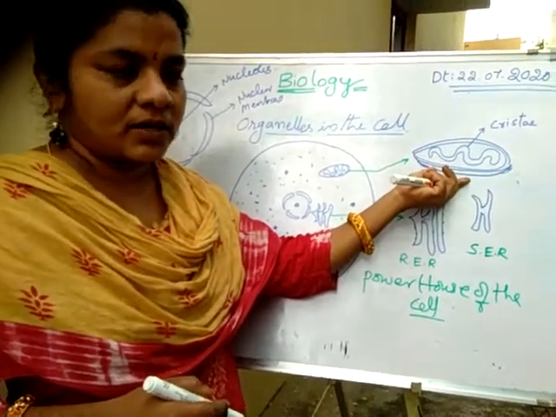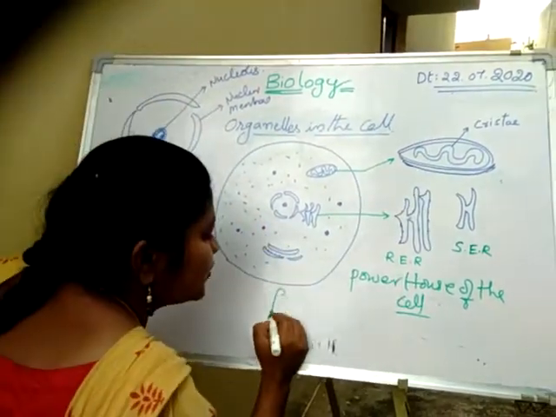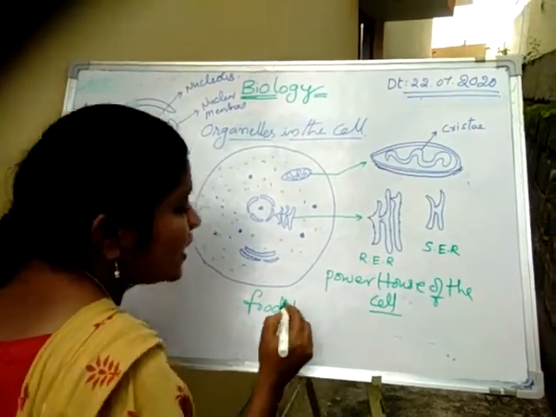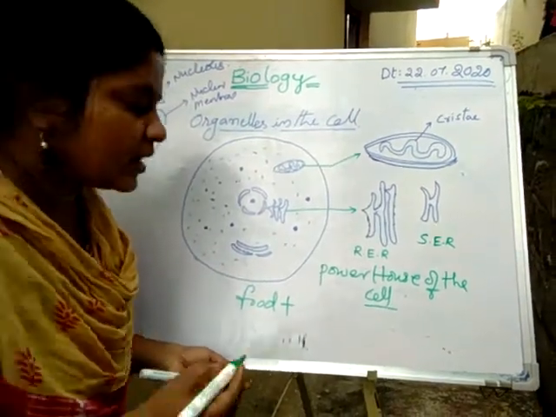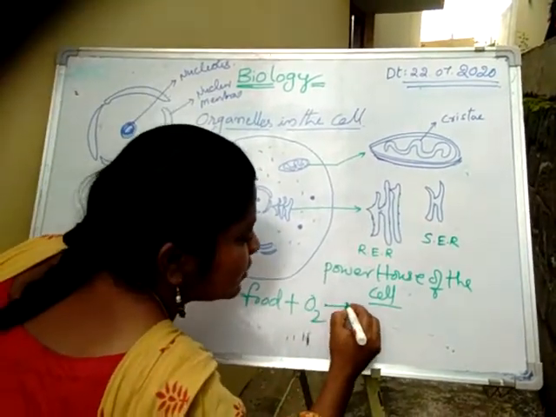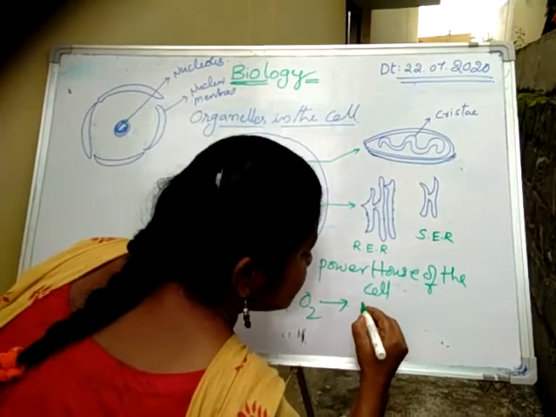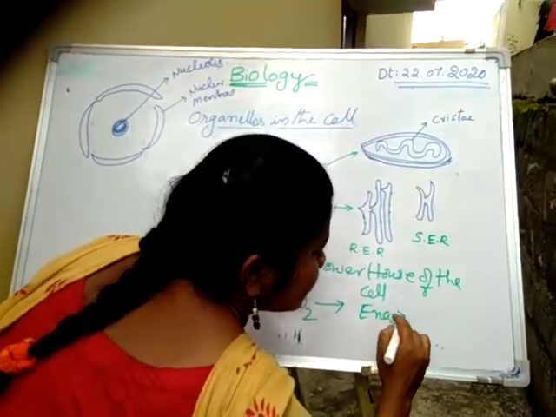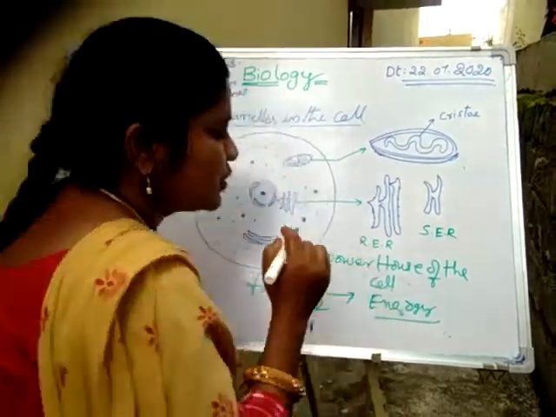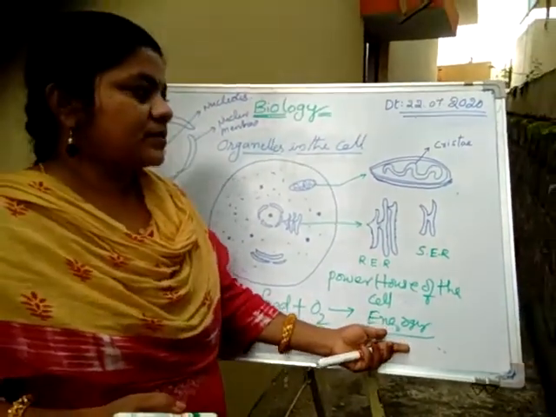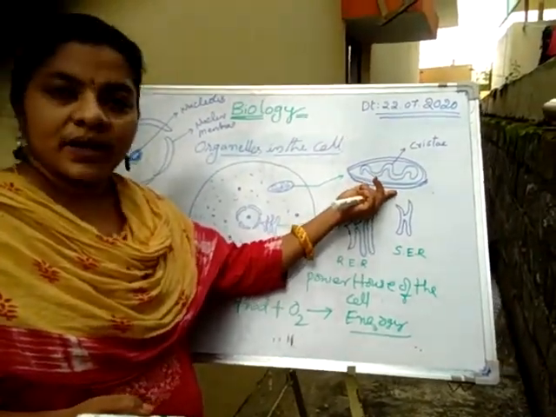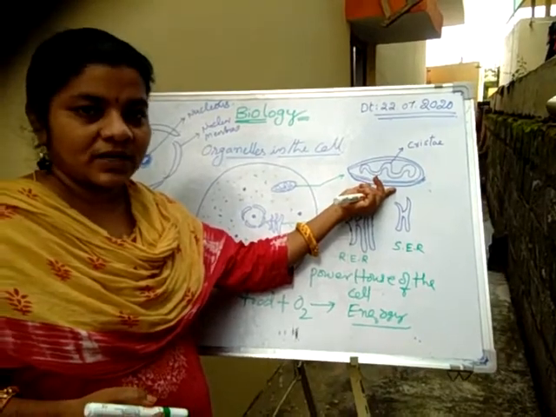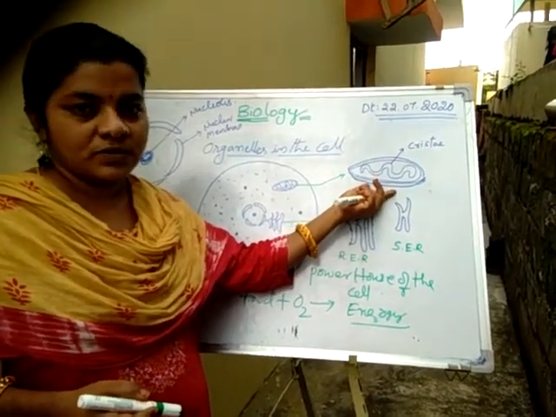In the mitochondria, that food and the oxygen we are inhaling combine together and form energy. So this energy process happens in the mitochondria only. That's why it is called the powerhouse of the cell.